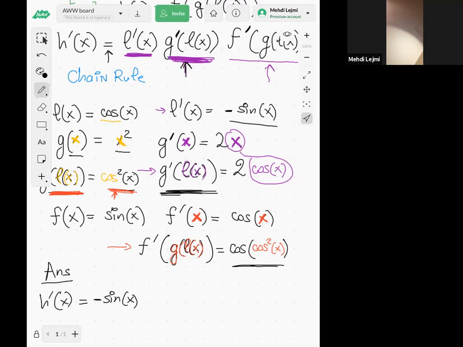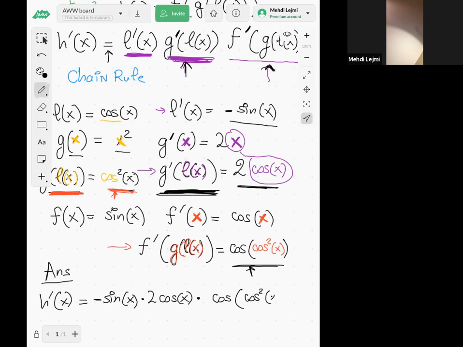Here. G prime of L of x, we said it's 2 times cosine of x. So it's times 2 cosine of x, and then we have f prime of g of L of x, and here's f prime of g of L of x. So it's cosine of cosine square of x.